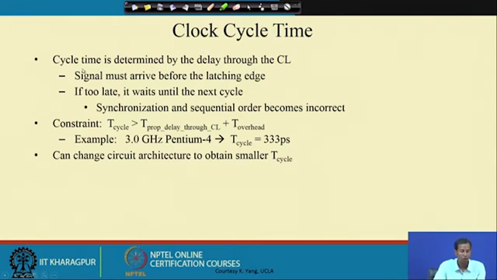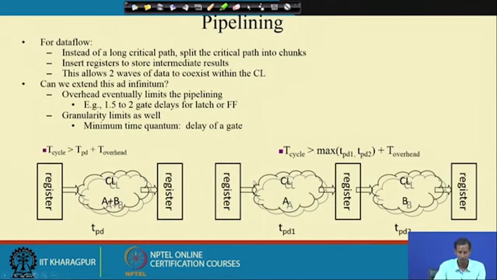Because the clock cycle time is determined by the delay through this path. The signal must arrive before the latching edge, and if it is too late, it waits until the next cycle.